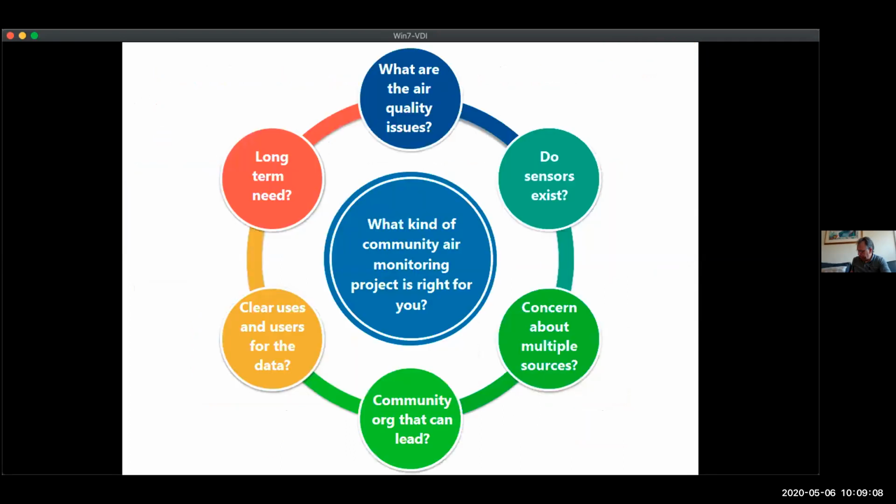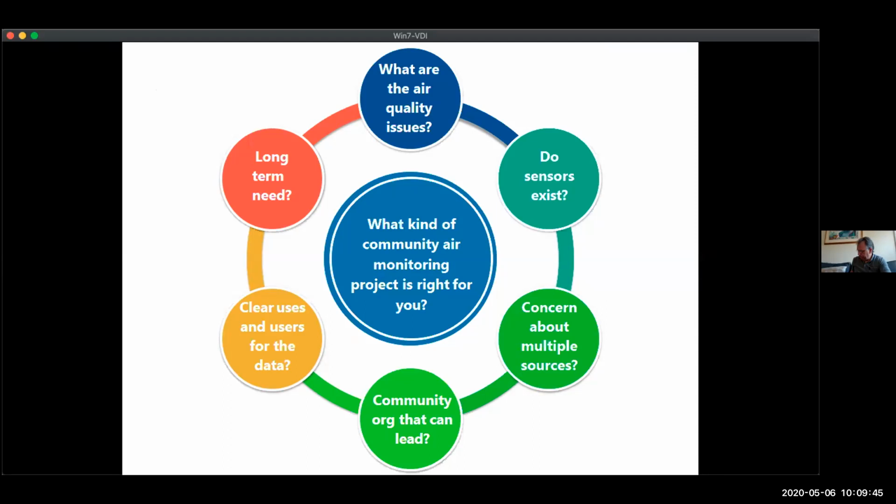There are many different considerations in selecting which community air monitoring project is right for you: what air quality issues are of concern in the community, whether sensors exist to collect information on that kind of pollution that are affordable and available, if there is a community partner that can lead this effort, and if there are clear uses and users for this information.